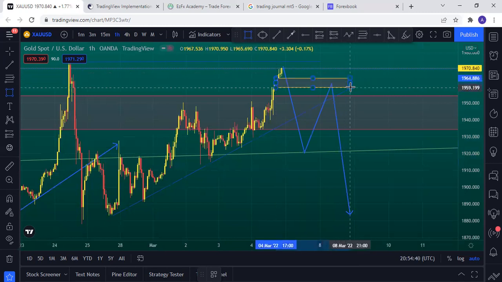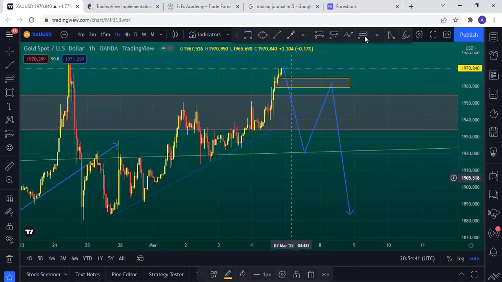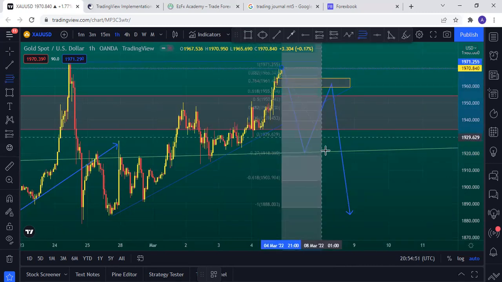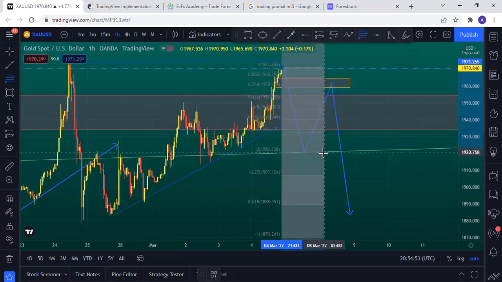Possibly it will return to that breaker block, which I think should be close to exactly on the 76.4 level. So that's my expectation.